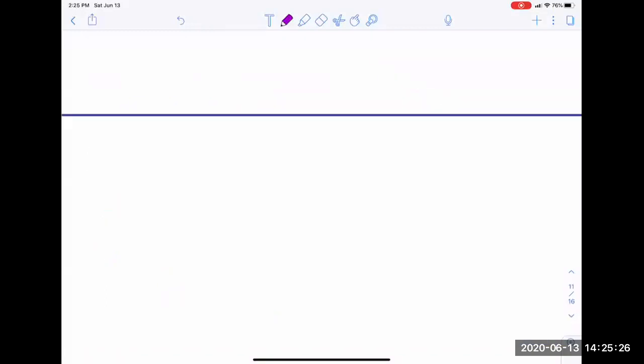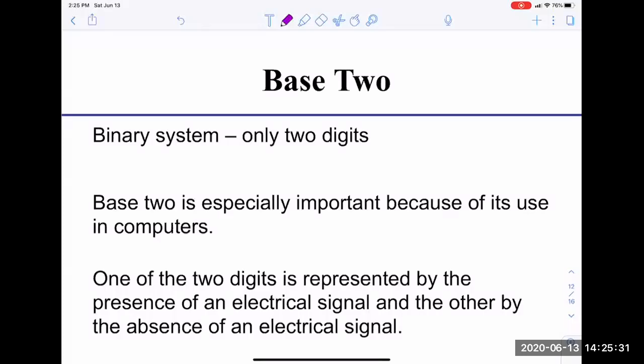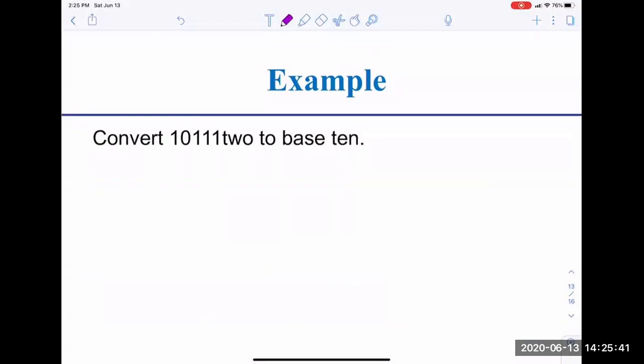So let me just see what's coming up. Base 2. It's called binary because you only get 1s and 0s. There. There's a different base. I'm going to convert to base 10. Again, PowerPoint failed me. There's my base 2 number.